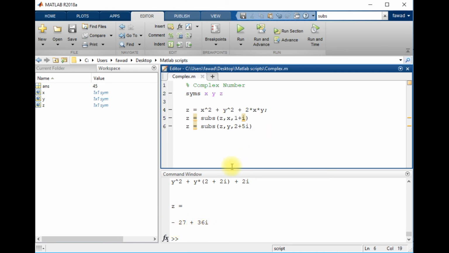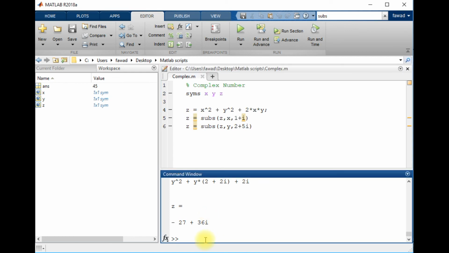So this is the very simplest method to solve a very complex problem in Matlab. Even if the number is not a real number, if the number contains some complexity, then still you can get the result very easily.